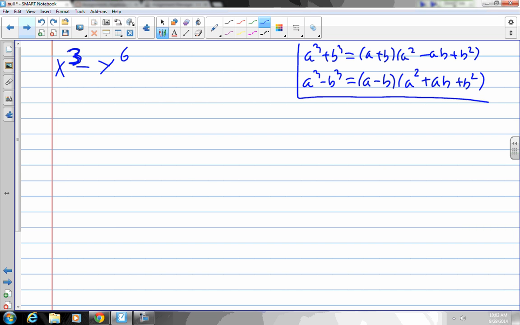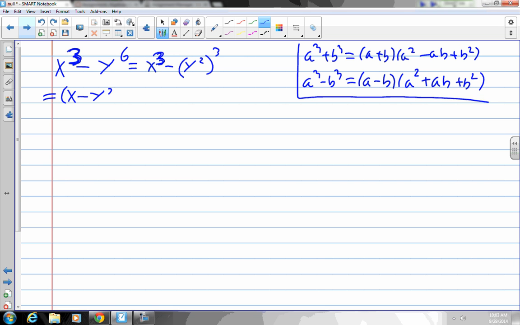What is cubed over here? Y squared. So we have to cube y squared to get to y to the 6. So again, that step that you don't need to write, you think of this as 2 cubes. X is A and y squared is B. Is that okay? So then, when you recognize A and B, the rest should be simple.